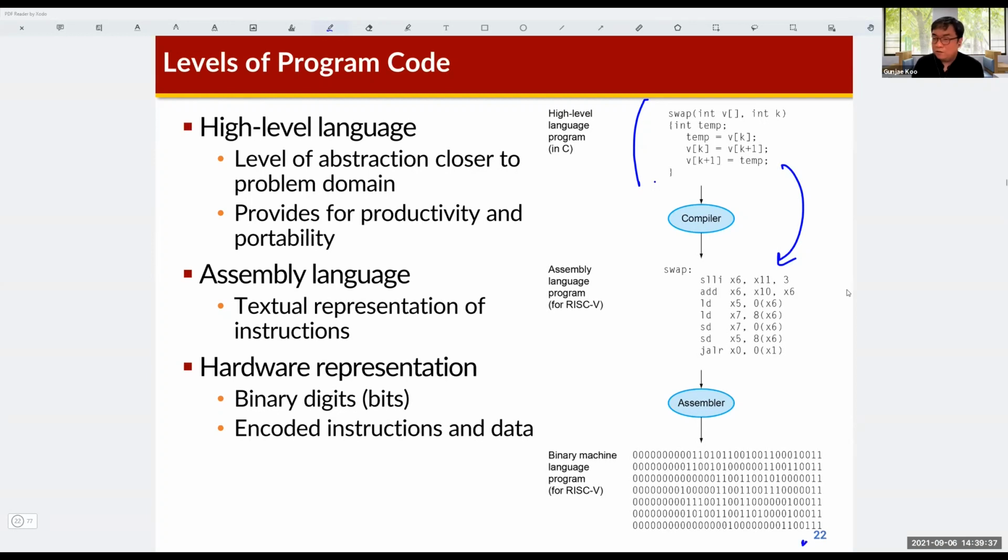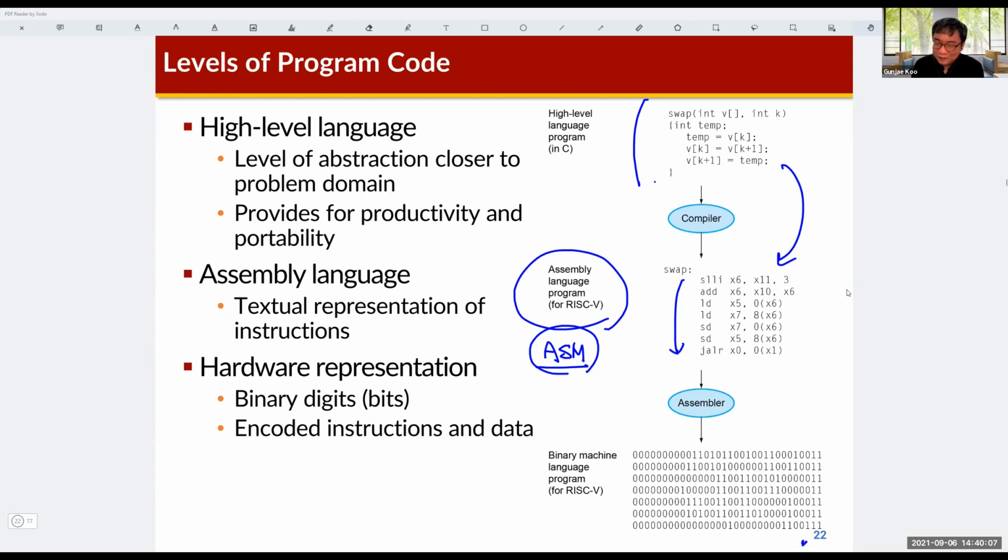For this translation, the high-level language is firstly translated into the assembly code, ASM. This assembly code is composed of very basic instructions which can be understood by computer hardware. So, you may think, this looks like English letters, not 1 and 0.